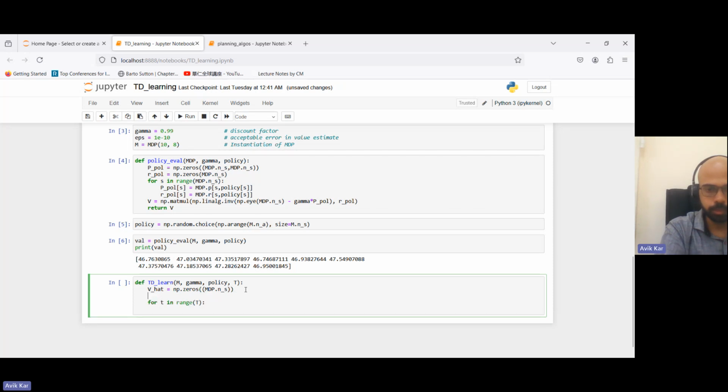First, before starting this, you have to reset. Our state is m dot reset. Then at the beginning of that particular time, we assign the state value to the next state variable.